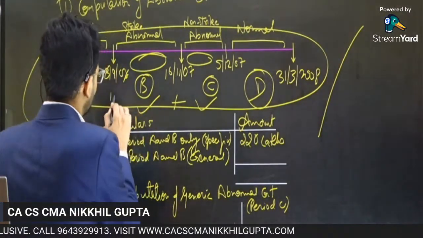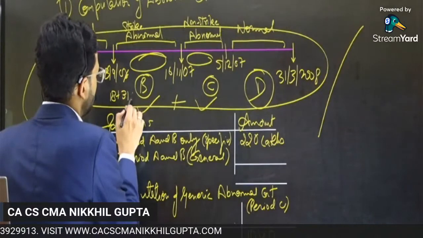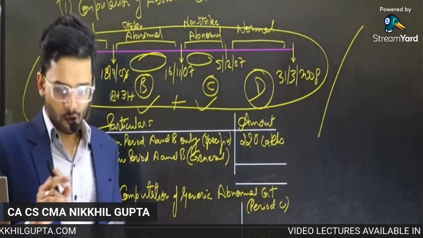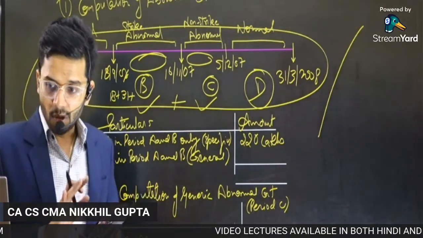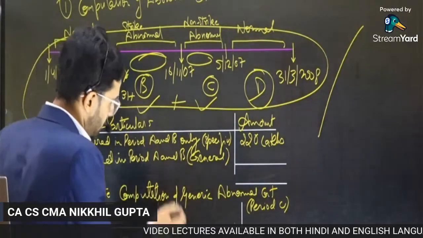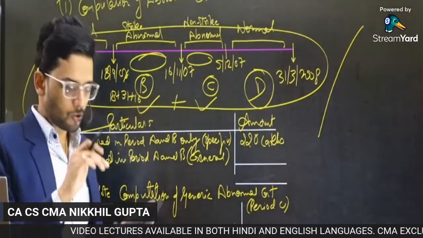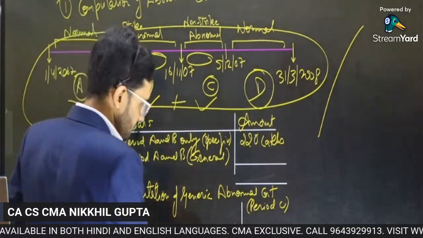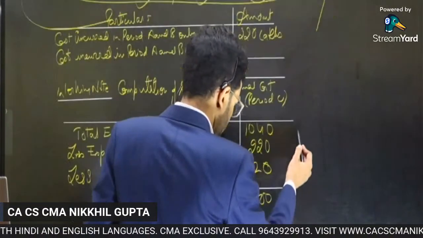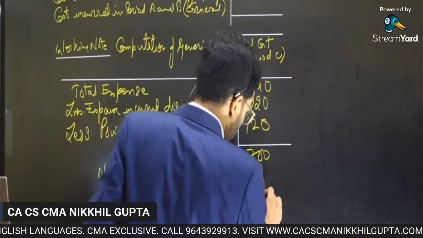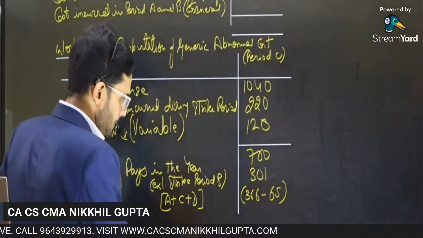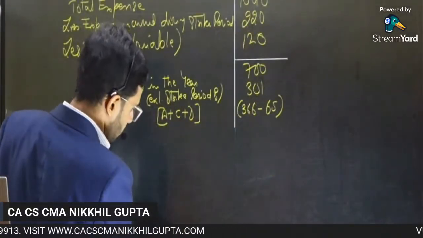For October, there are 31 days. And finally, for November, 16 days; 16 is included. So 16 plus 31 plus 18 comes to 65. So 366 minus 65 becomes 301. These are the number of days in the year excluding period B.